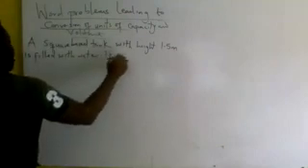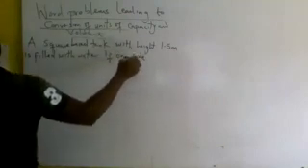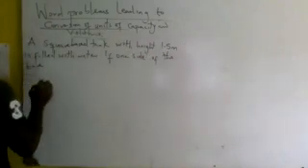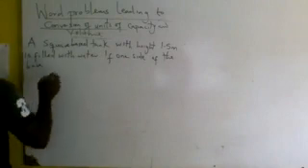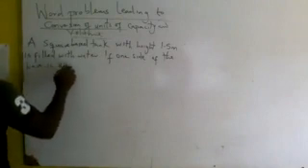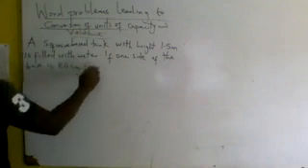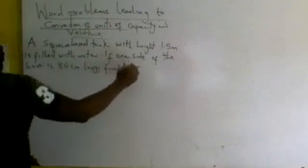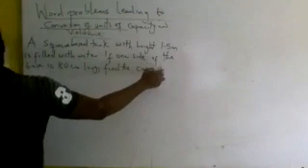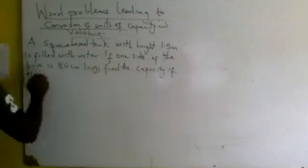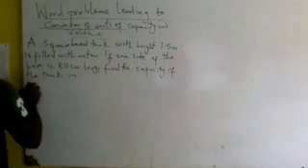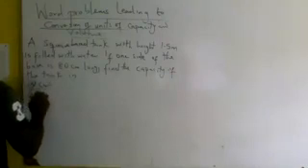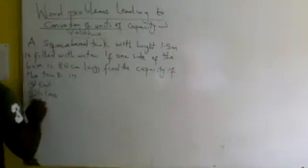Now, if one side of the base is 80 centimeters long, find the capacity of the tank in A, centimeters cubed, B, liters, and C, kiloliters.